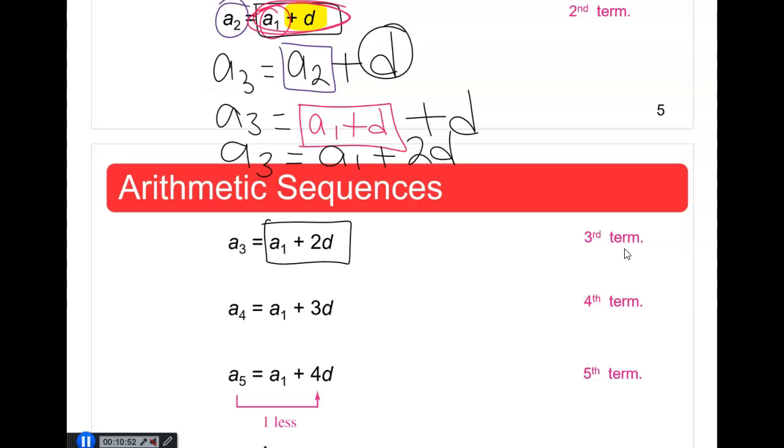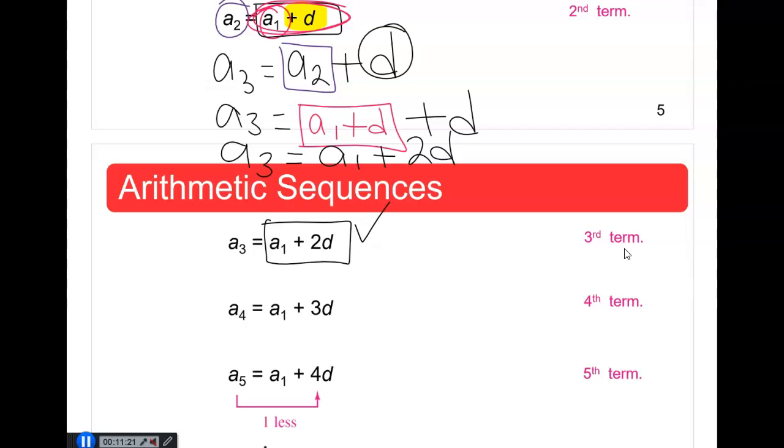And that is another way that we could find the third term, because we know the common difference is the same. So then, if we start with the first term, we will add the difference twice. And remember, when I say add, the difference could be negative. So in that case, you will be subtracting. So now you know why it's a sub 1 plus 2d.